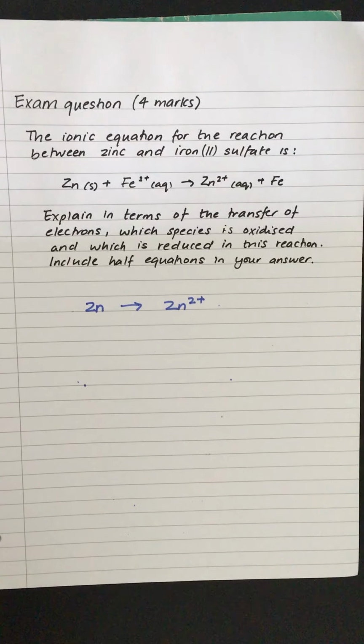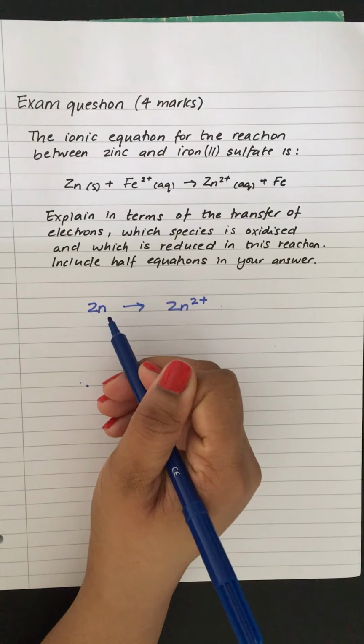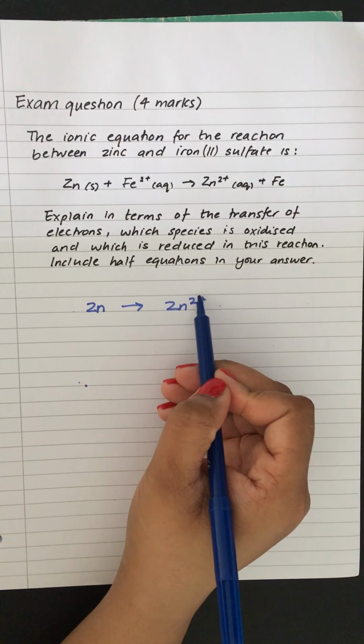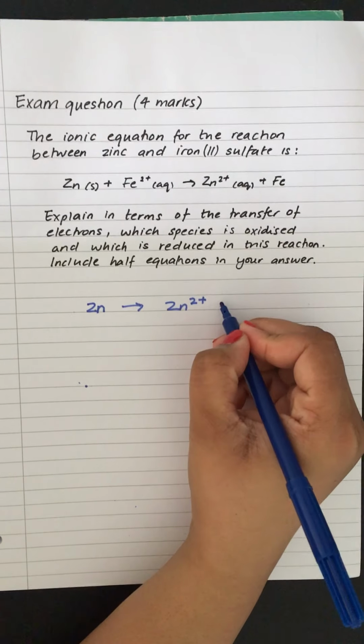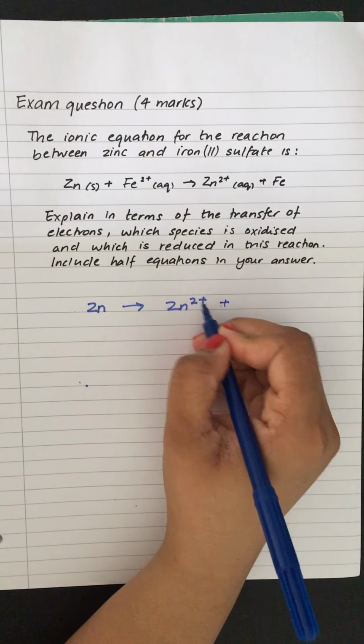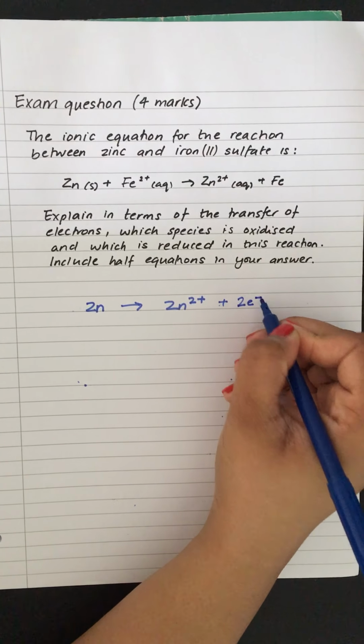If that helps, picture that as you're writing out your half equation. So here we've got an atom, and clearly it's got 2 electrons. Its outer shell's lost 2 electrons in order to form a positive ion with that charge. So we can see that we have lost 2 electrons.